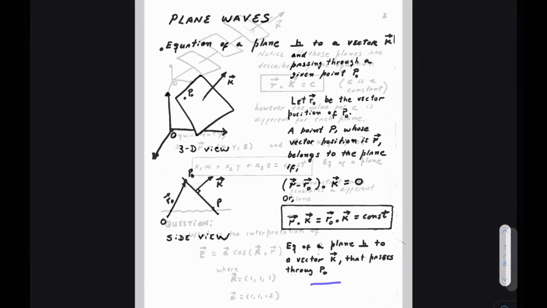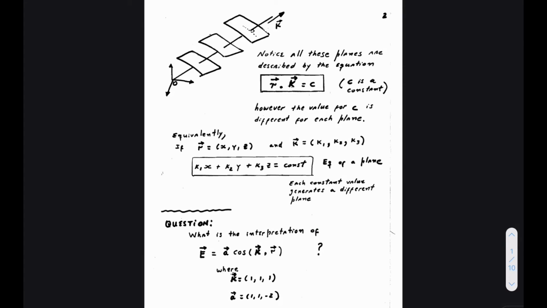Now let us consider a few planes which are perpendicular to this wave vector k, like these planes in the figure. All these planes can be described by this equation, r vector dot k vector equals a constant, where this constant takes different values for different planes.